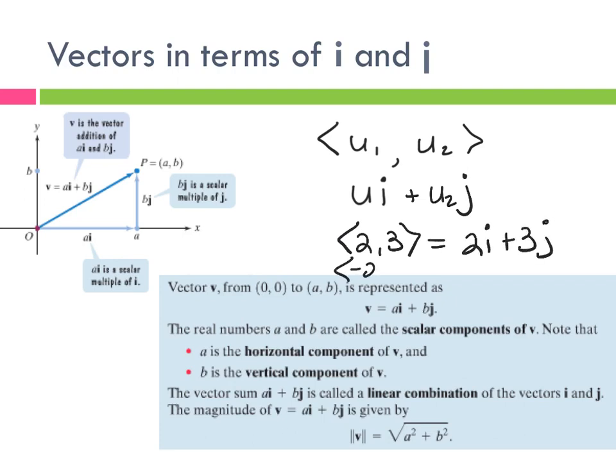If I had -2, 3, it would be -2i plus 3j. If I had 2, -3, it'd be 2i minus 3j. So the sign stays on the number. Again, the number in front of the i is the horizontal component, and the number in front of the j is the vertical component. Everything else is exactly the same.